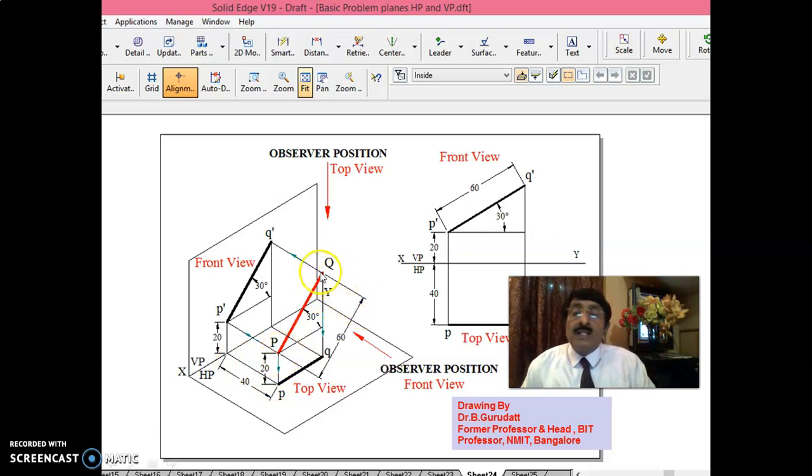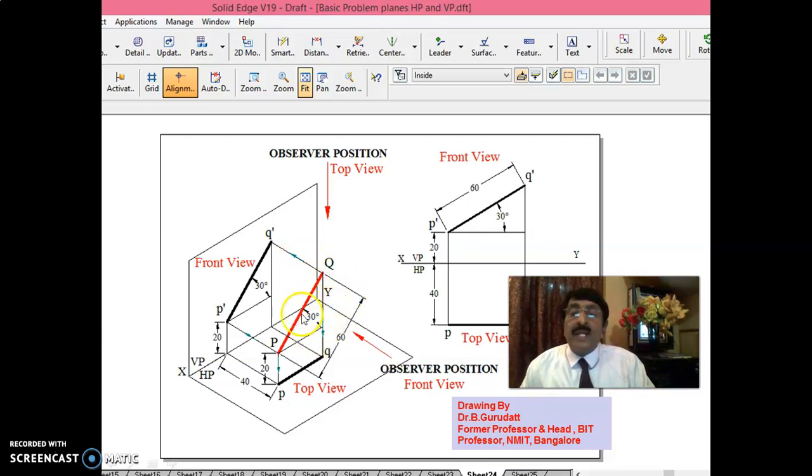That means there is only a single locus, in the front view or in the top view, for these problems. While rotating this way or this way, the moving point is Q, the fixed point is P, and the inclination to HP is constant.